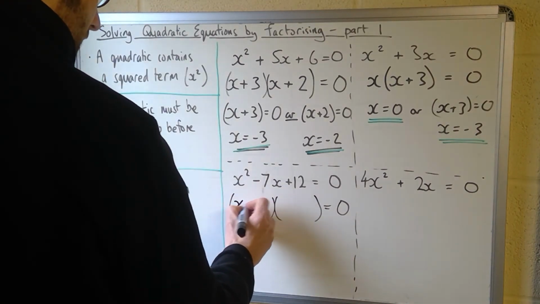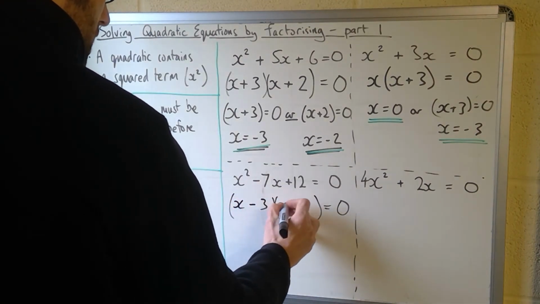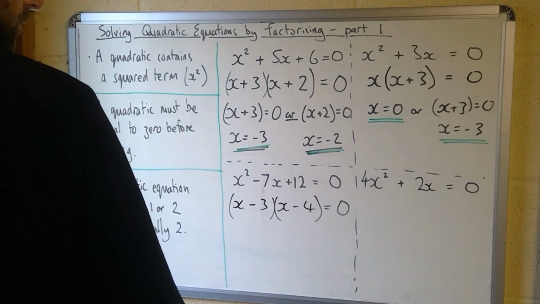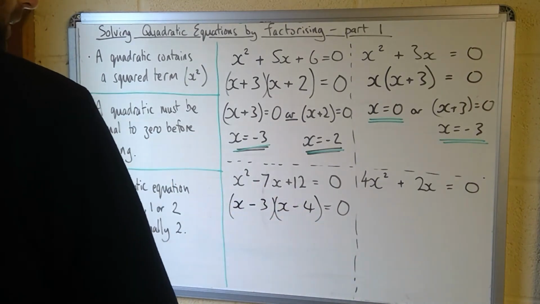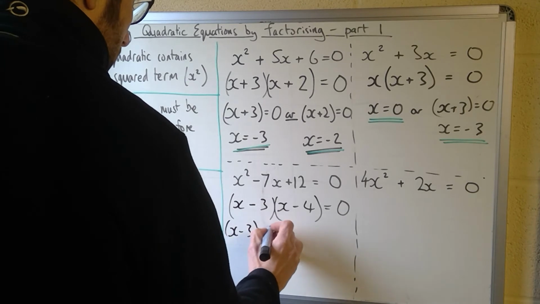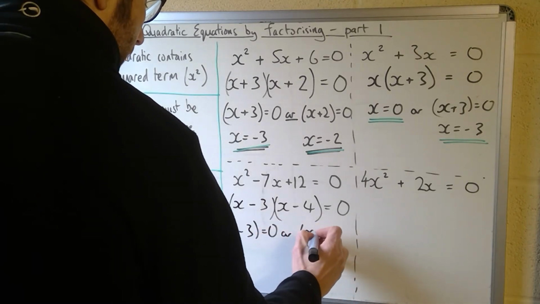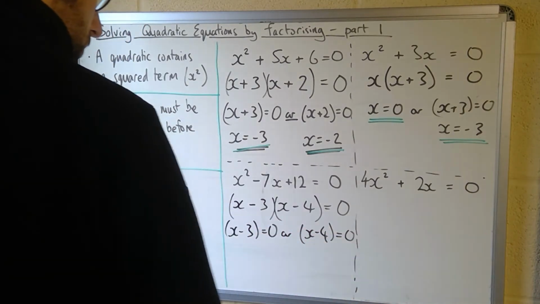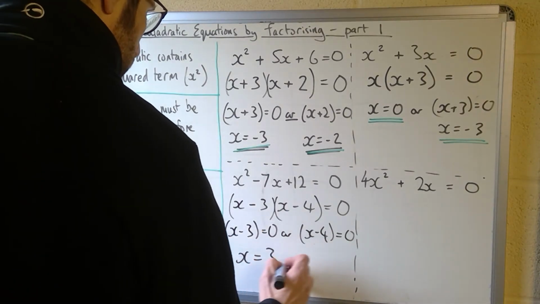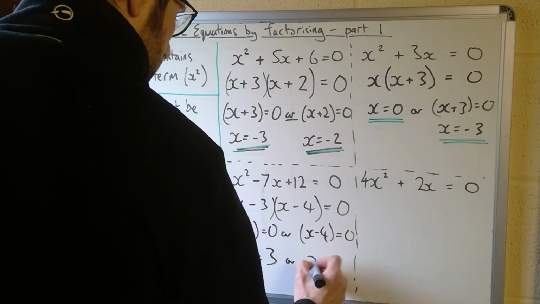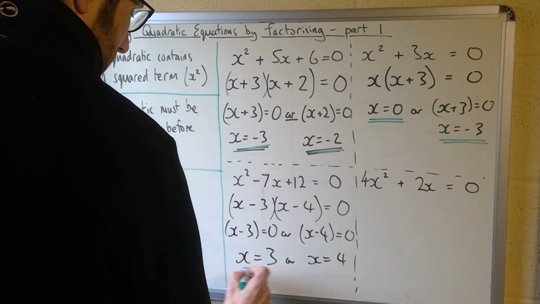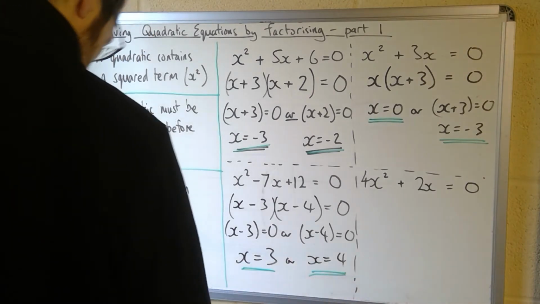So that's going to be x minus 3 and x minus 4, because negative 3 times negative 4 will give you positive 12, but they will add to make negative 7. So this time I've got x minus 3 equals 0, or x minus 4 equals 0. So if this is the case, x equals 3, and if this is the case, x equals 4. And I'm sure you're seeing lots of patterns taking place here.